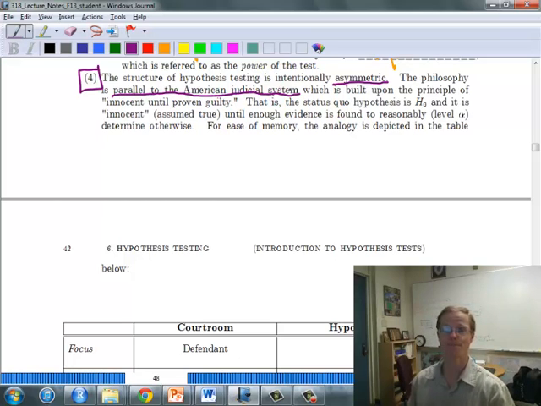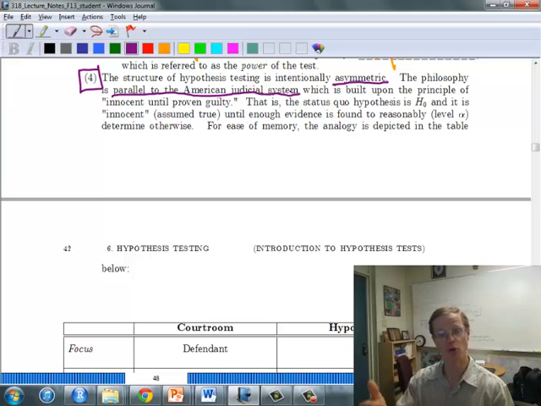Now, I have heard it or seen it written that when our judicial system was formed, it was formed in order to protect the innocent, and this was done by raising the stringency level for a conviction.